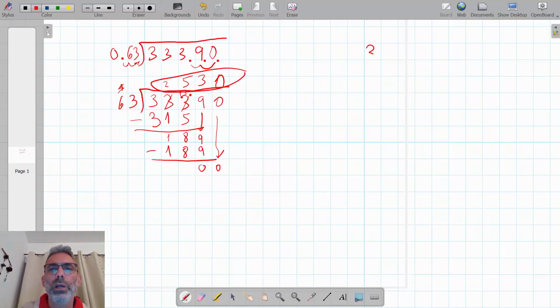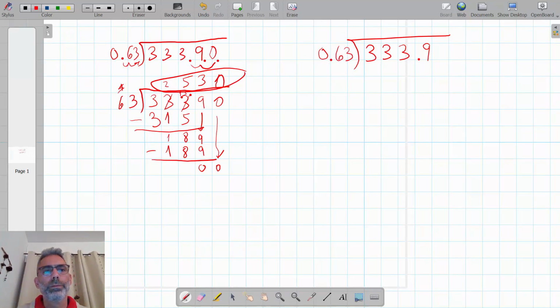Okay, 333.9 divided by 0.63. I need to multiply the divisor by 100 to get rid of the decimal point.